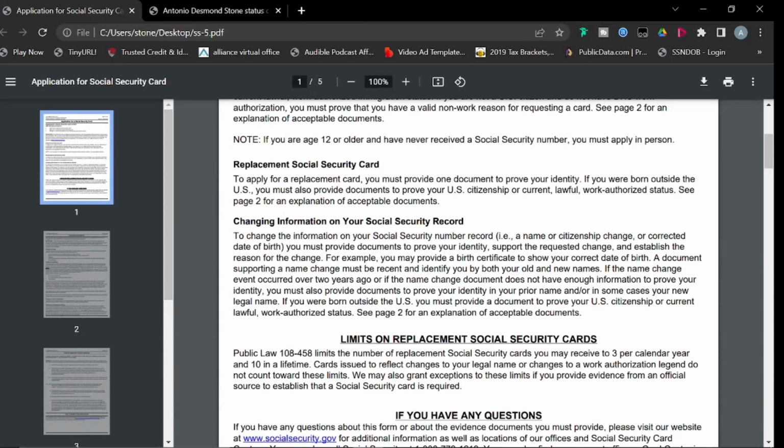So what I wanted to show you guys is the two most important things: who can fill out a Social Security card application. First of all, it can be an application, the application you fill out, which is the SS-5.